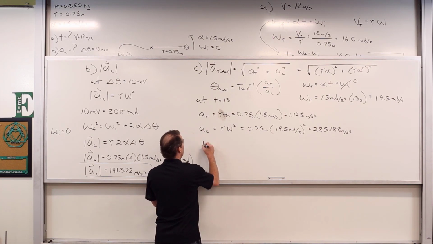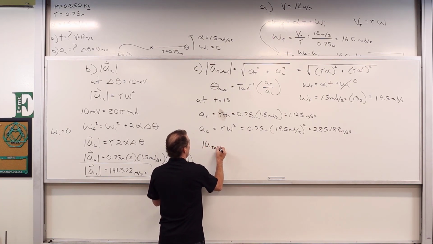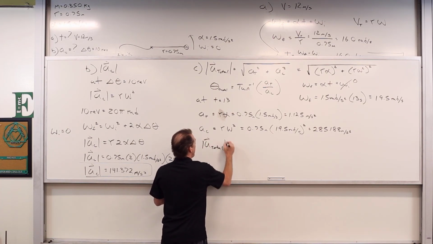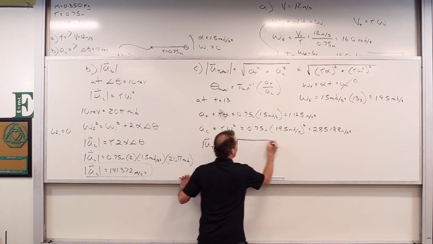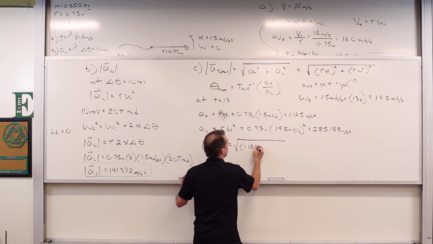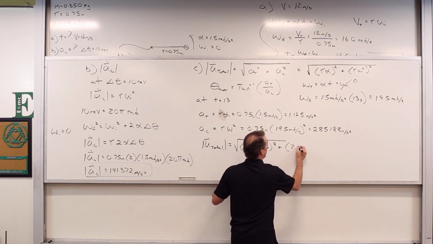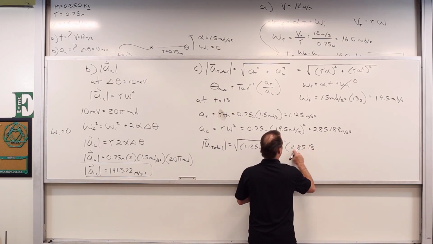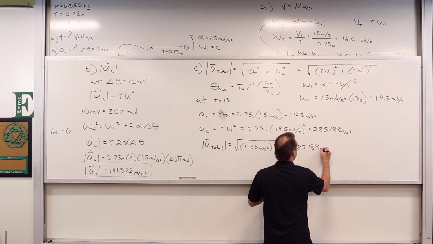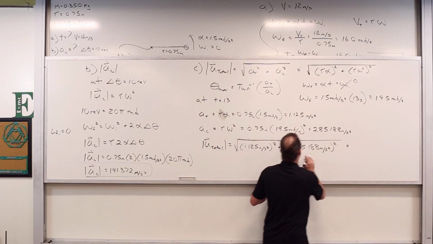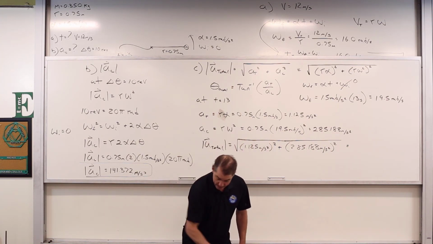So we can go ahead and get that the magnitude of the total acceleration is the square root of 1.125 meters per second squared, quantity squared, plus 285.188 meters per second squared, quantity squared. It's going to come out really close to 286.